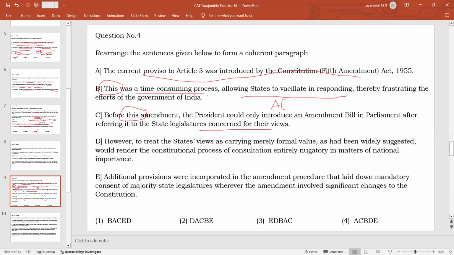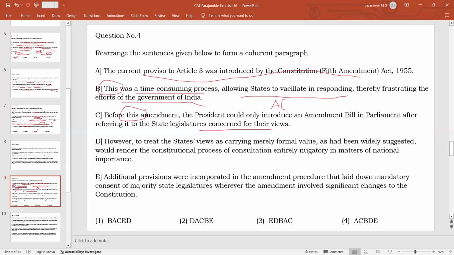Because the states need not respond to the central government's direction to give an opinion within a particular time period. So states can vacillate, meaning a delay in giving any decision. That is called vacillation. Vacillation means being in a state of indecision or not taking any decision. So the state legislatures will vacillate, as a result of which the government of India's efforts to change the constitution will be frustrated, or they will not be able to make the amendments.